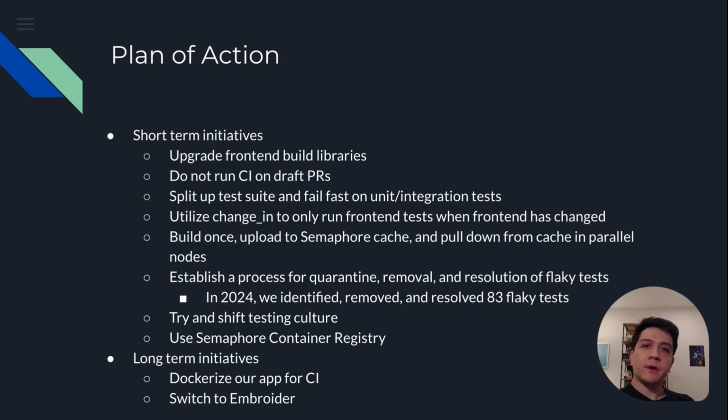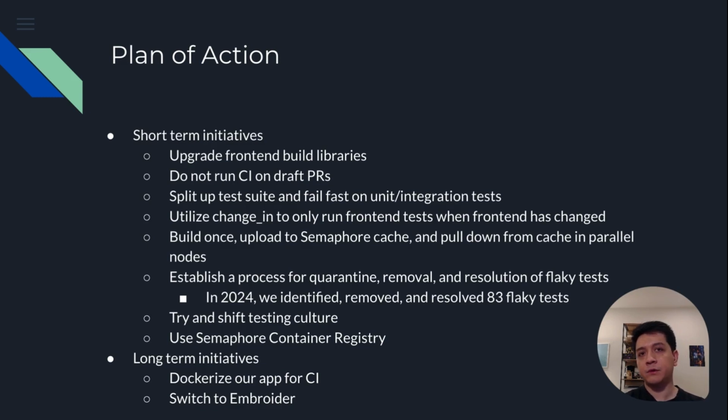This next bullet point kind of ties into a longer term initiative that we addressed. So we eventually Dockerized the app for our CI. We had a Docker image built for deployments, but in our CI we were just setting up the app within the base CI container.